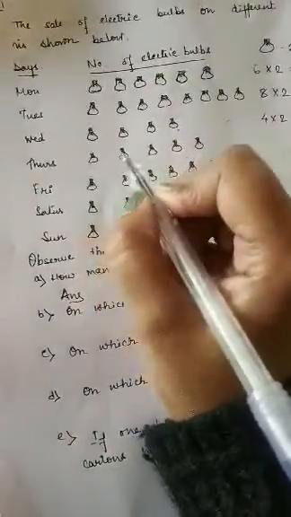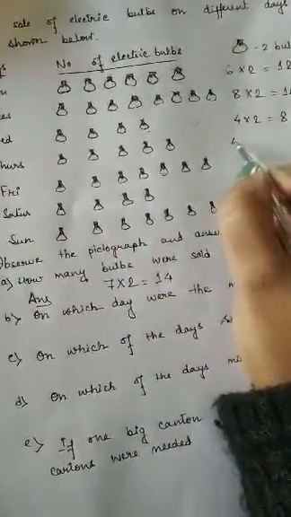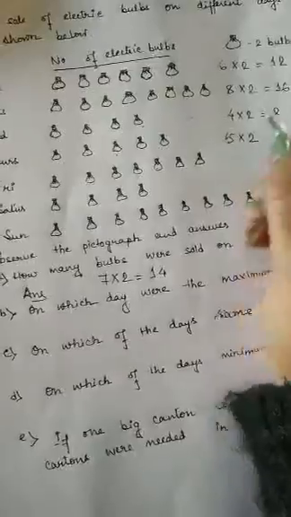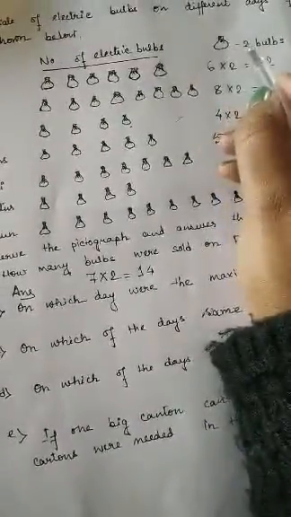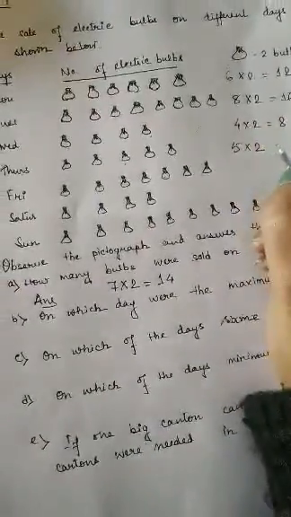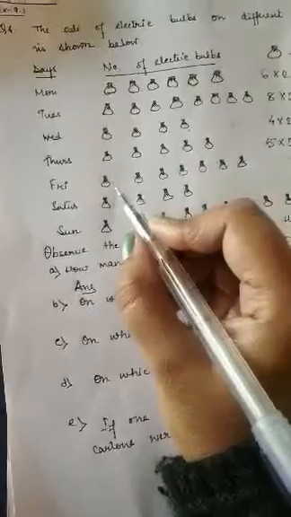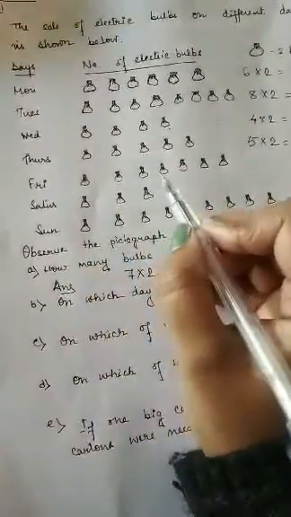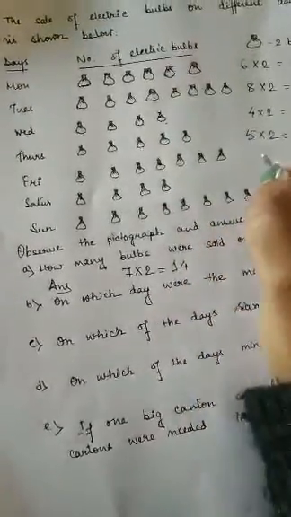On Thursday, 1, 2, 3, 4, 5. Total 5 symbols are there. So 5 into 2. Every time we are multiplying with 2 as one symbol represents 2 bulbs. So 5 into 2, 10 bulbs were sold on Thursday. And on Friday, total 1, 2, 3, 4, 5, 6, 7. 7 symbols are there.